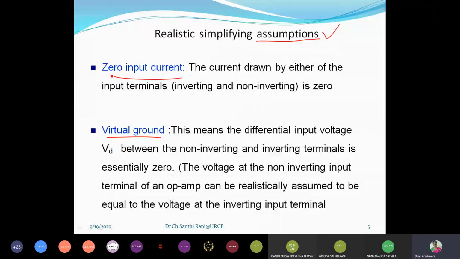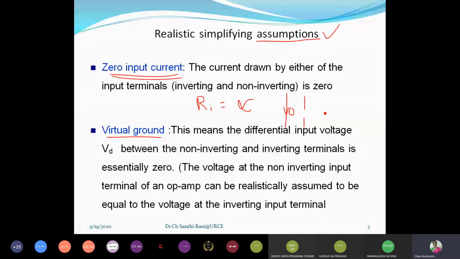First one is zero input current. How is it possible to have zero input current? That means an ideal op-amp has infinite input impedance. When there is a short circuit, maximum current flows, that means resistance is zero.